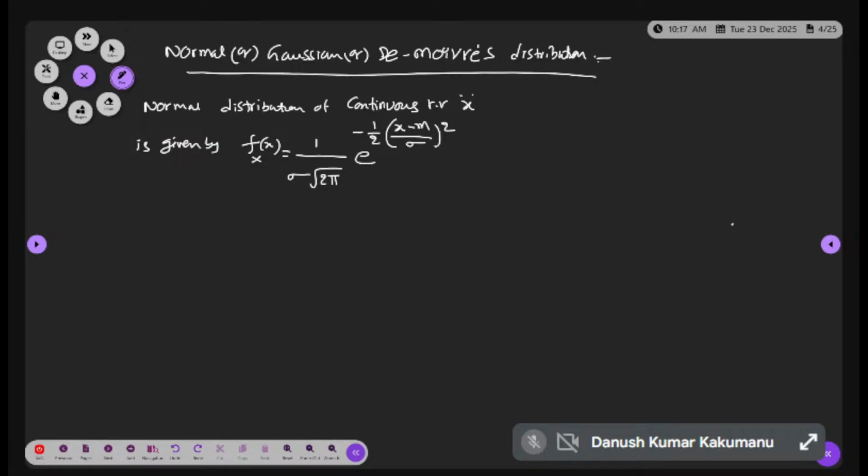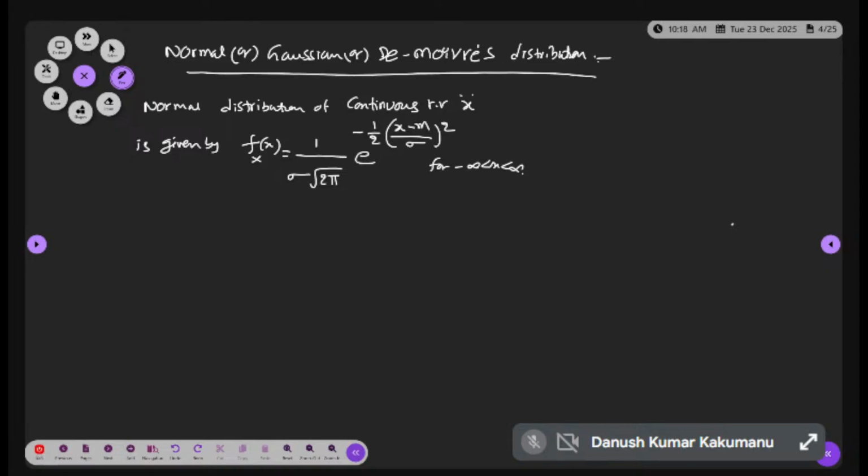For minus infinity less than x less than infinity. What are the limits here? Minus infinity to infinity. That is the normal distribution formula for the continuous random variable.